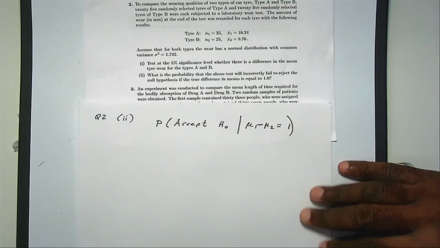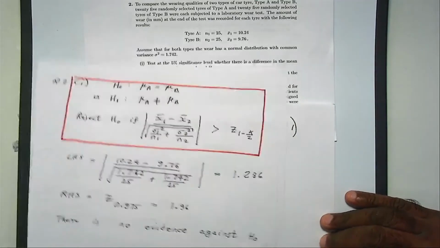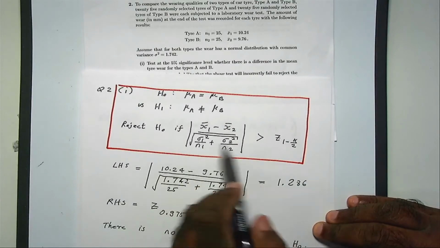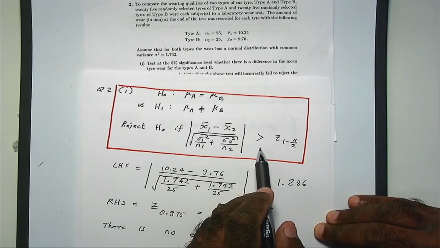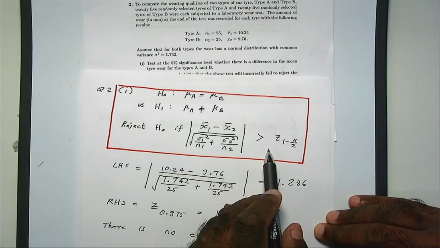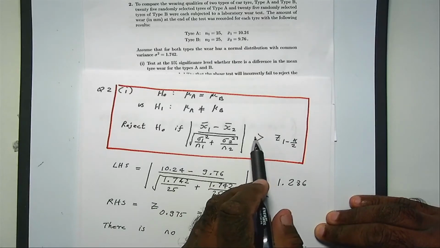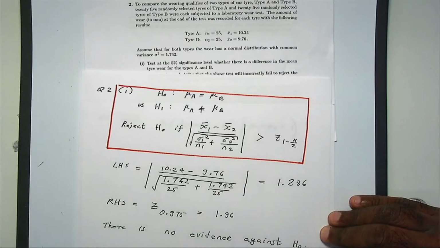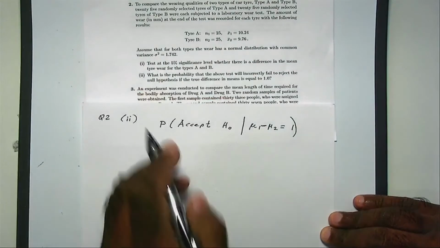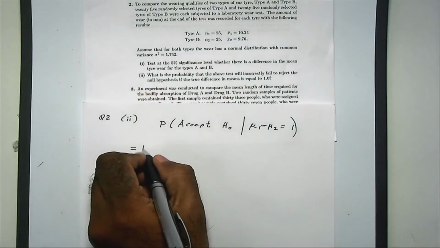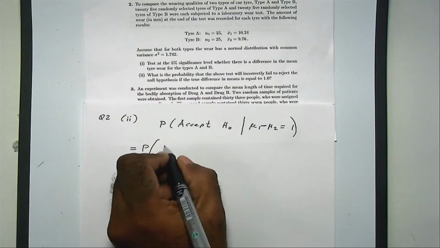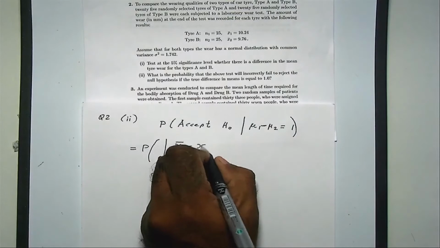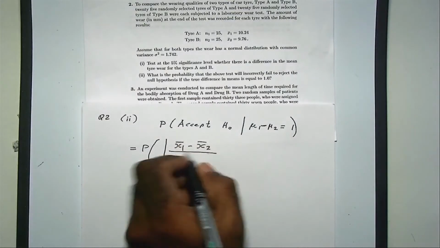Now, if you go back to the previous part 1, you see that this is the rule for rejecting the null hypothesis. So the rule for accepting the null hypothesis is if you replace the greater than sign by a less than or equal to sign. So that's what I'm going to do here. So this would be the probability that, divided by, we know what the variance is.